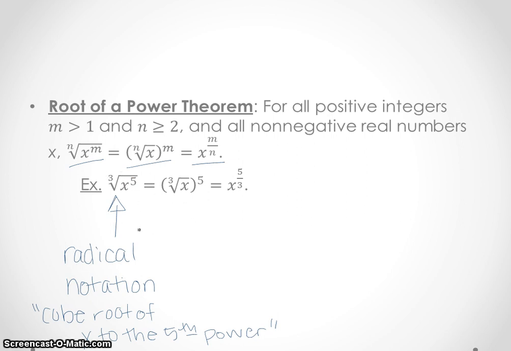That's different from this. Now this is still technically, I guess, radical notation, although, yeah, it is. It's just written a little bit differently. So this one says that you're going to take the cube root of x and then take it to the fifth power.